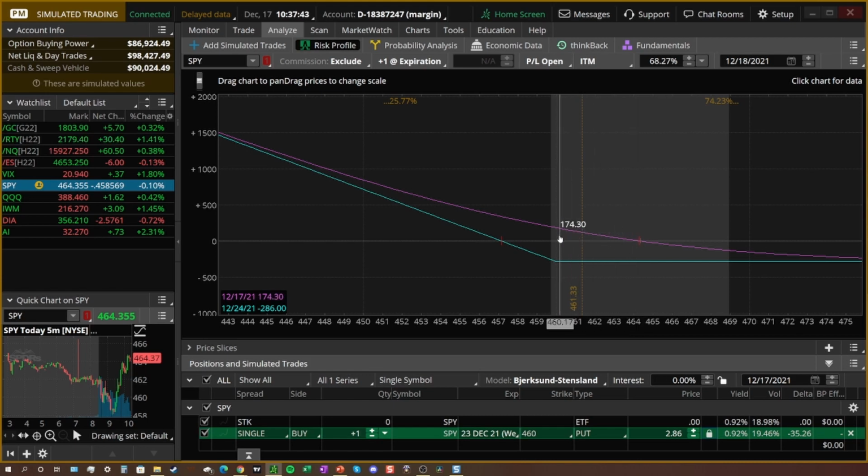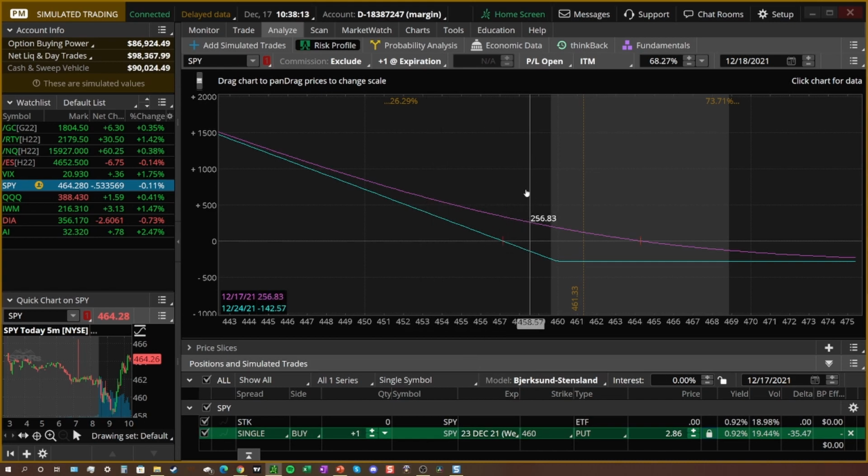If the SPY were to drop to, let's say, 459.50, the value of this option would be roughly $207. That's about how much this put option would be worth if the market were to drop to 459.50. Okay?